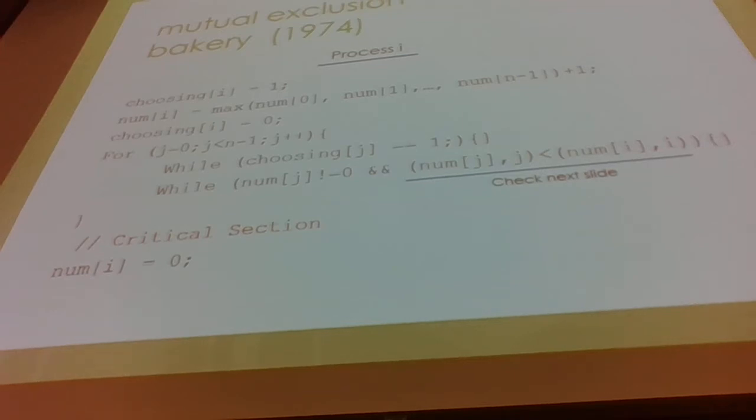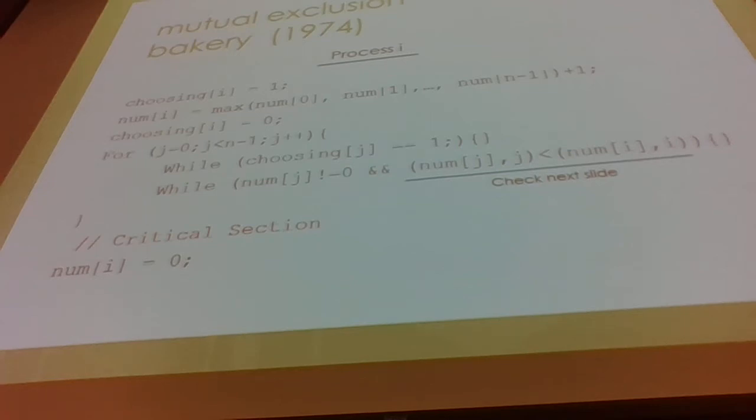Then you look through all the other processes and see which one has a lower token than a given process. So let's say process i tries to execute the critical section. It selects a token, and then it looks for all other processes that have a smaller token than process i.